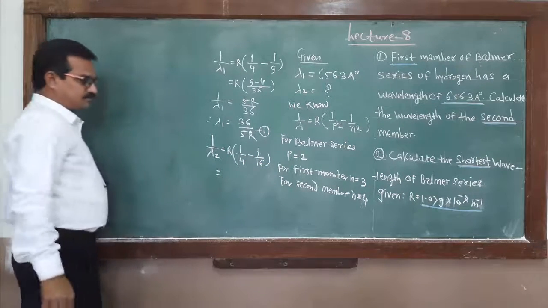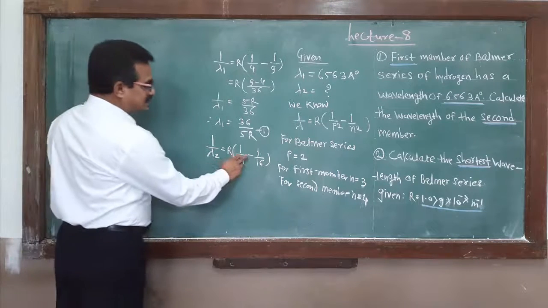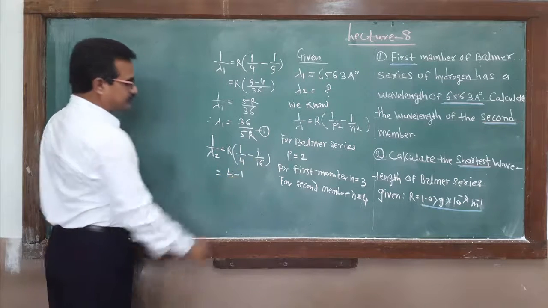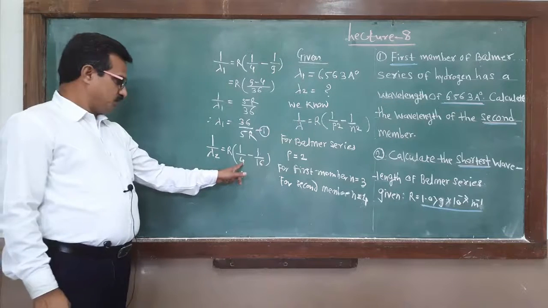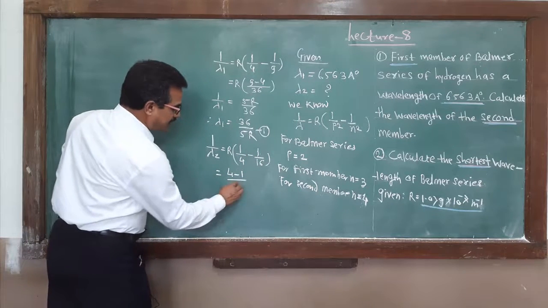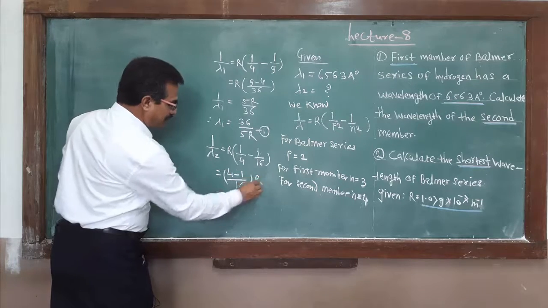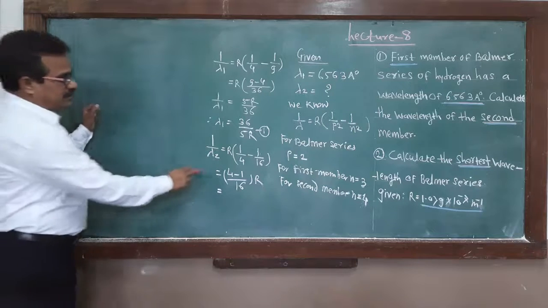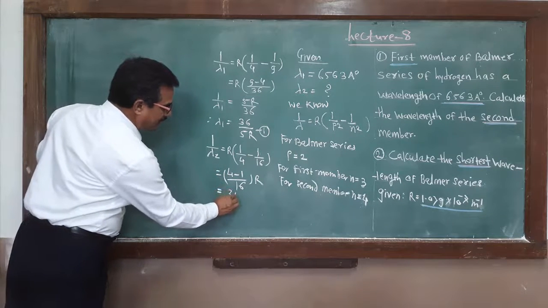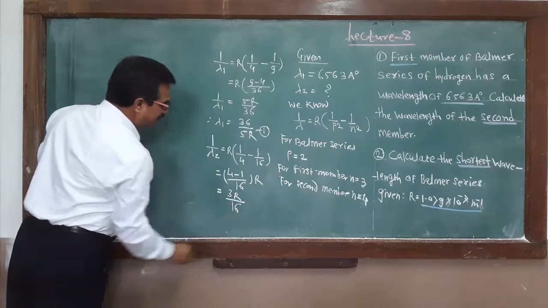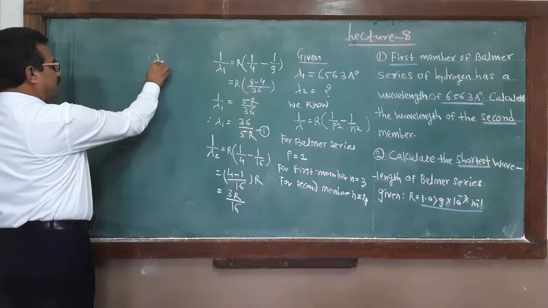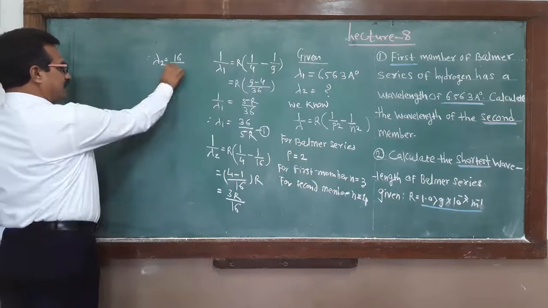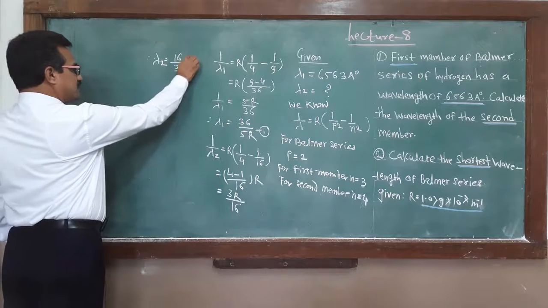That must be equal to R multiplied by 4 minus 1 divided by 16, that is 3R divided by 16. Therefore, lambda 2 is equal to 16 divided by 3R. Call this equation second.